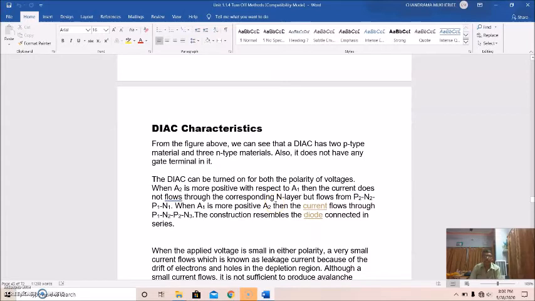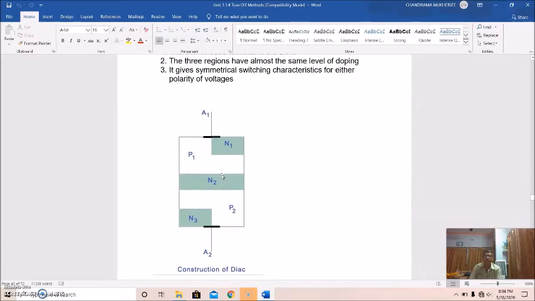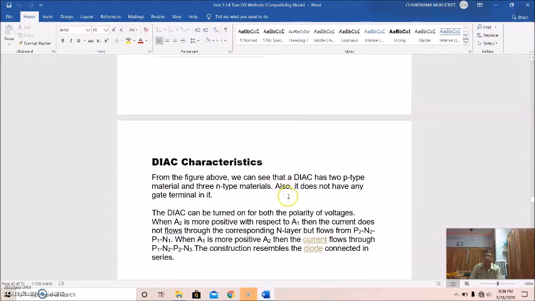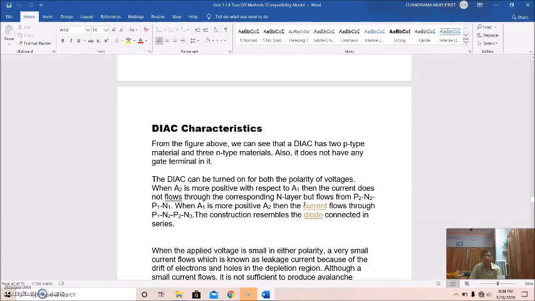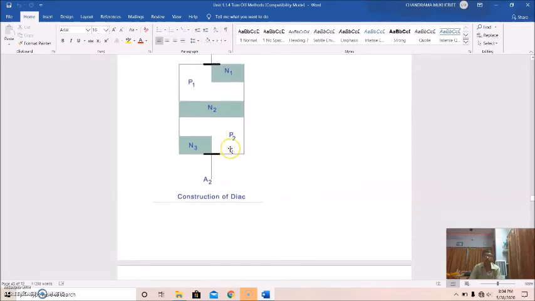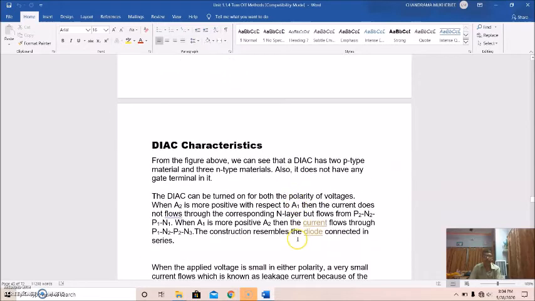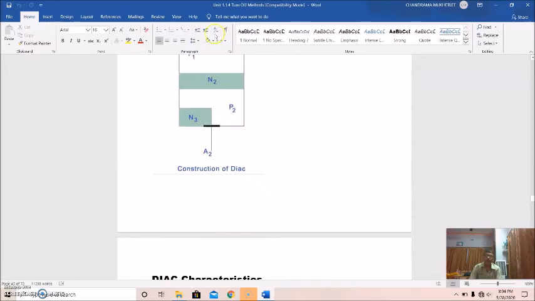Its characteristics. The DIAC has two p-type materials and three n-type materials, N1, N2, and N3. It does not have any gate terminal, of course. So it can be turned on for both polarities of voltage. When A2 is more positive with respect to A1, current does not flow through the corresponding N layer, but flows from P2, N2, P1, A1.